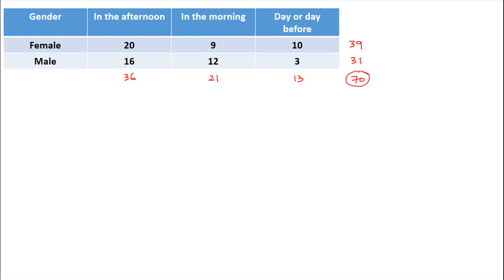All right, for the first cell, to find the expected value will be 39 multiplied by 36, then divide by 70, so 20.06. For this next cell, in the morning for female, 39 multiplied by 21, then you have to divide by 70, so this is 11.7.